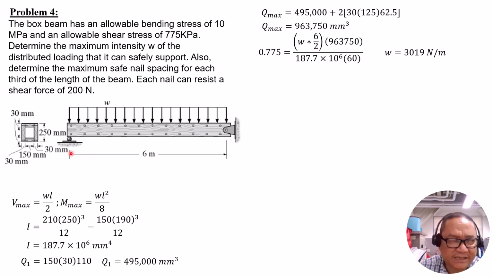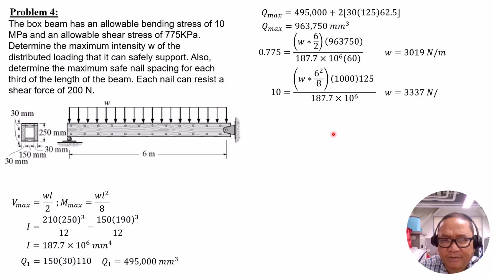Then c is half of 250, 125, over I, 187.7 times 10 to the 6. So WL squared over 8 times 1000 times c over I. Solving for W, W is 337 newtons per meter. So the safe intensity of the load W is 3019 newtons per meter, the lower value.